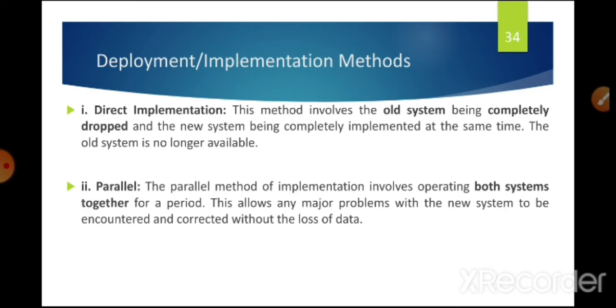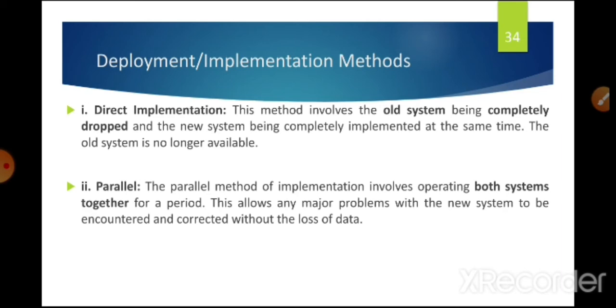The second deployment technique is parallel. The parallel method of implementation involves operating both systems together for a specific period. Parallel means both systems are running at the same time.